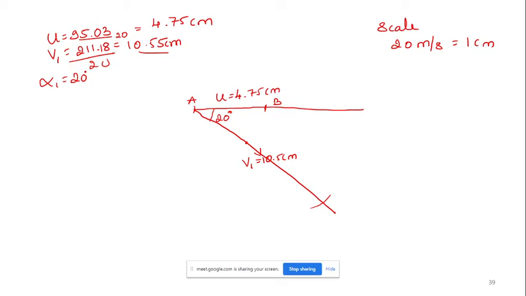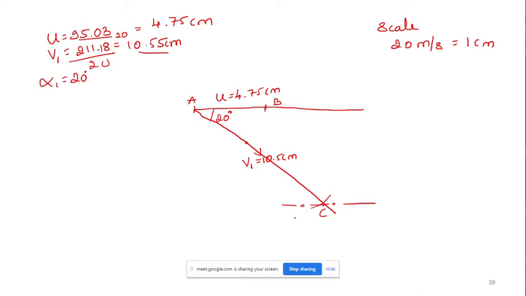So let us call this point C. Now from this point, draw a locus line, one straight line parallel to line AB, passing through C. Are you understanding this?